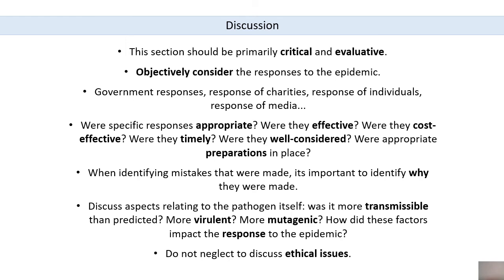Look at the papers discussing mutagenesis. Look at papers discussing how well the virus is transmitted by different routes, and you can evaluate these things. You can discuss what the papers say. You can discuss the strengths and weaknesses of the papers. Again, you can discuss the contrasting papers if there are any. And this is really how you're going to be evaluating information directly relevant to the pathogen itself, rather than a little bit wider where you're looking at the outbreak as a whole.